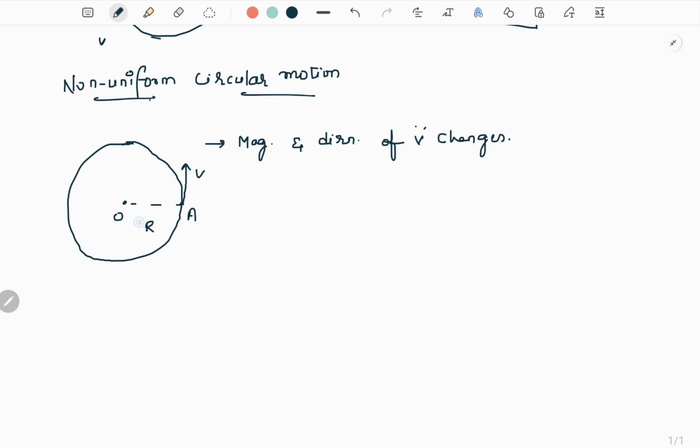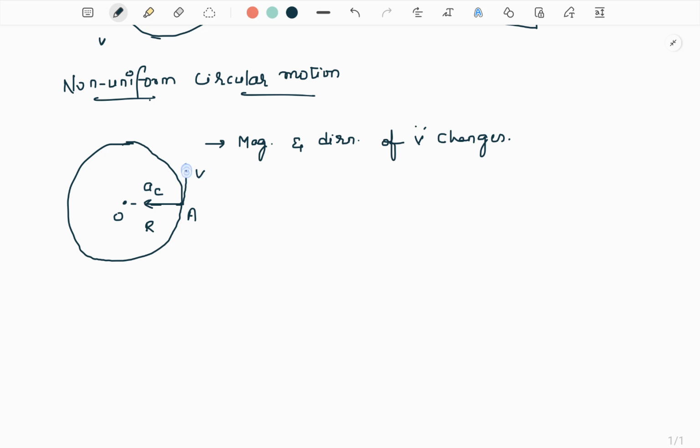Here the acceleration of that particle we can resolve into two components. One is the radial component, which would be perpendicular to the tangent or perpendicular to the velocity, and the other is the tangential component, which will be parallel to the direction of velocity. The radial component we can also call the centripetal component of acceleration.